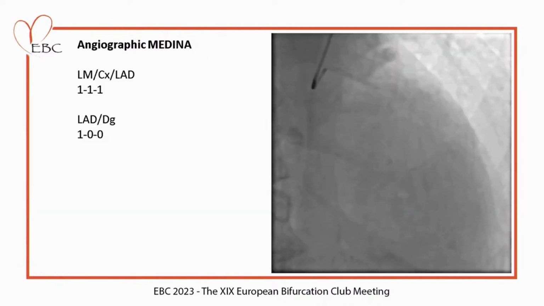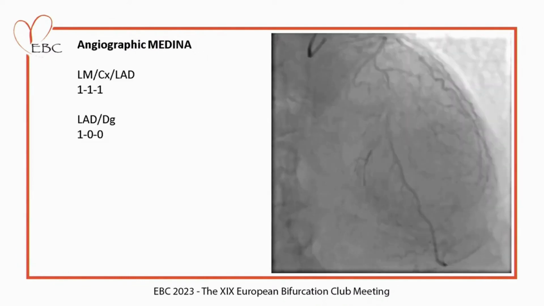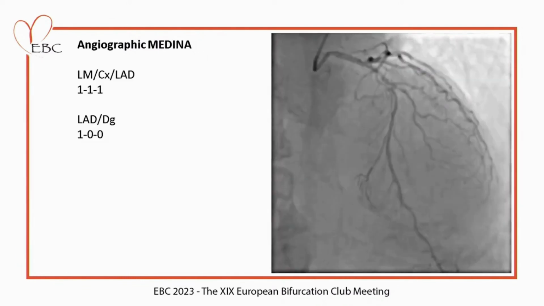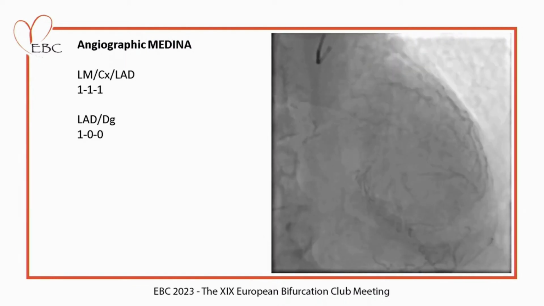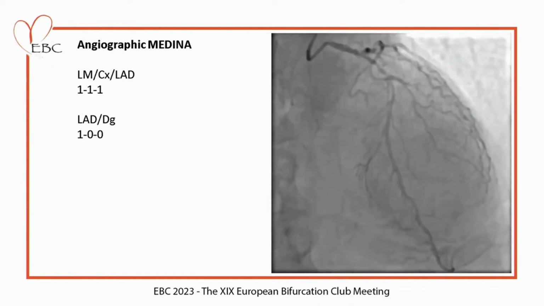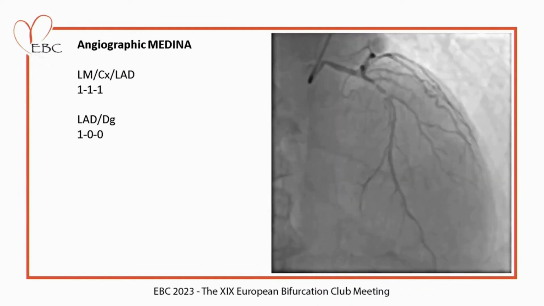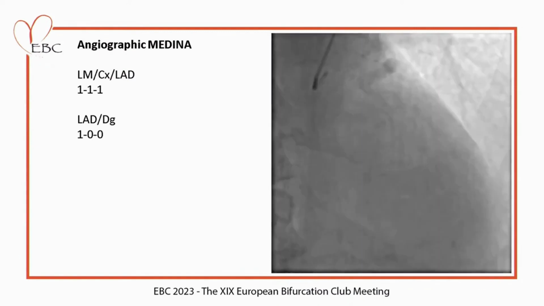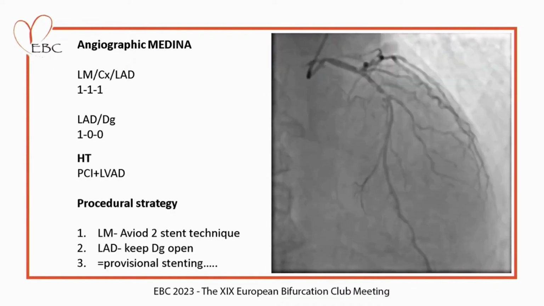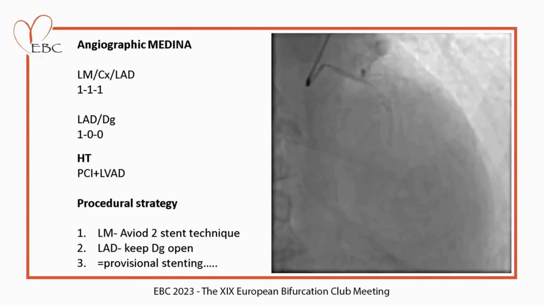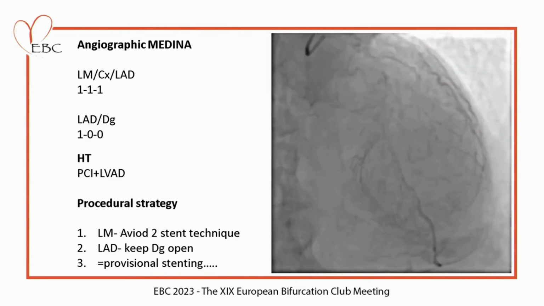So the patient was sent to the heart team with Medina 1-1-1 in the left main and diagonal, LAD, diagonal 100 probably, and the heart team qualification was PCI with a left ventricular assist device.